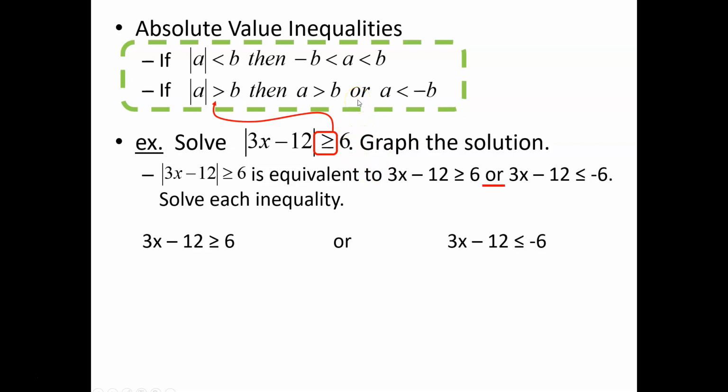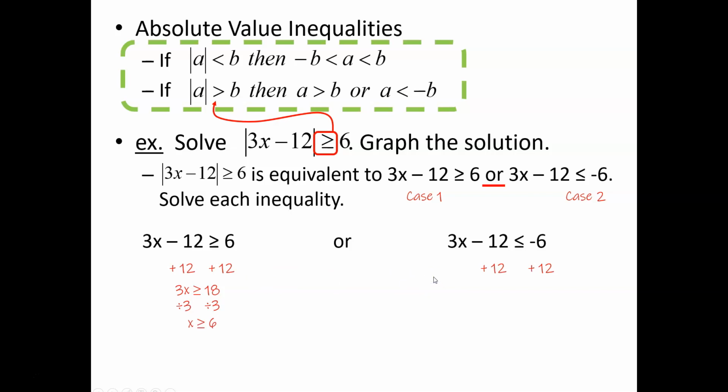Or, because this is an or, 3x minus 12 is less than or equal to negative 6. We have case 1 and case 2. So let's solve each one. So we add 12 to both sides. We get 3x is greater than or equal to 18. Divide by 3. We get x is greater than or equal to 6.